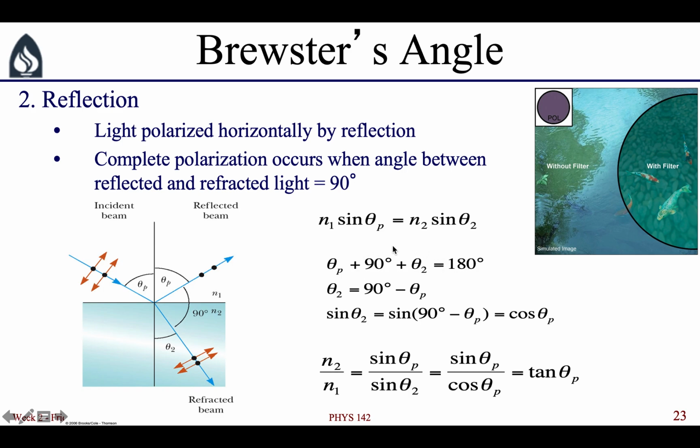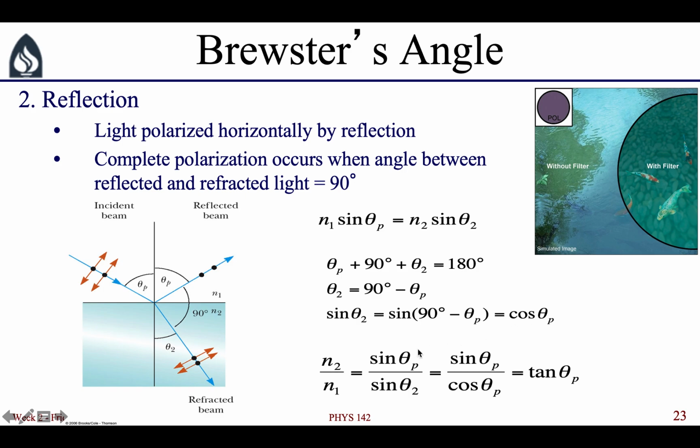If we rearrange this expression a little bit, theta 2 is going to be 90 degrees minus theta p. So we can replace theta 2 in our Snell's law expression with 90 minus theta p, and then if we use some of our trig identities, we'll find that this is equivalent to the cosine of theta p.